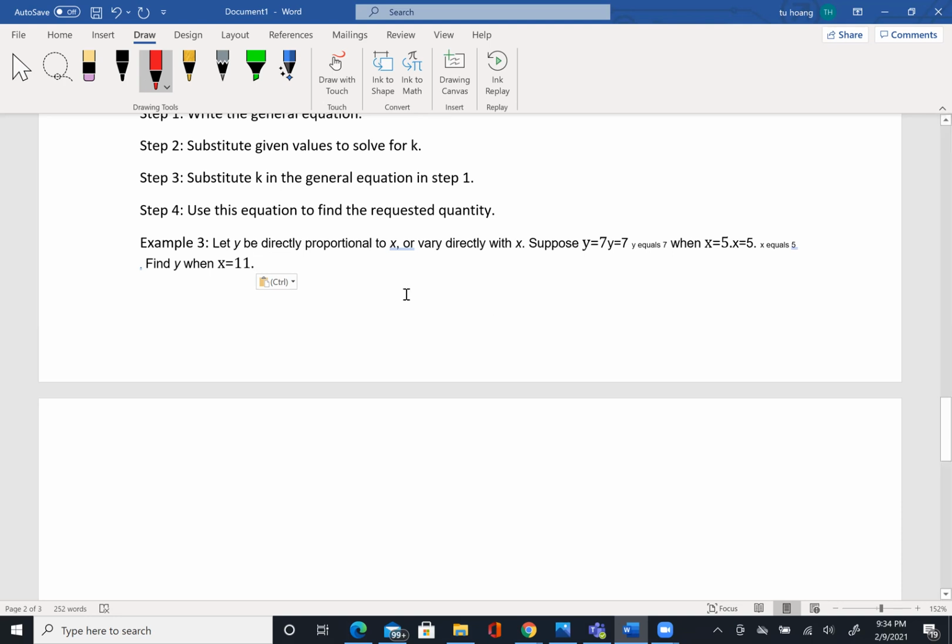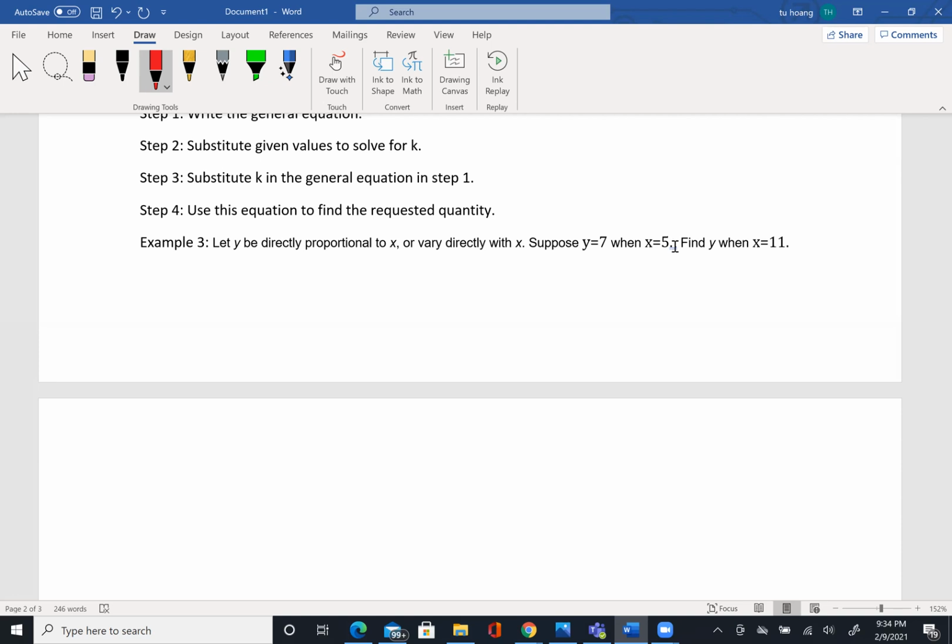Suppose y equals 7 when x equals 5. Then we're going to find y when x equals 11.